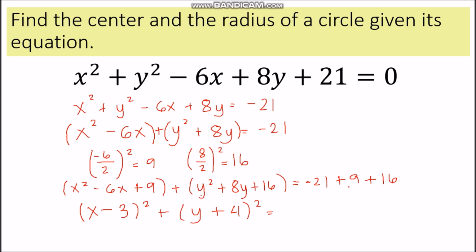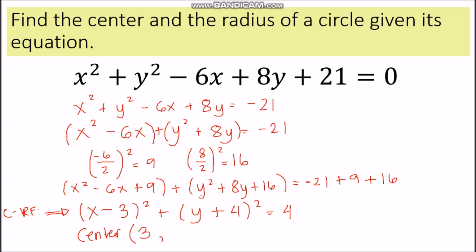Now on this side, all you have to do is simplify, so this will be equal to positive 4. If you notice, this equation is now in the center-radius form. So you can already see h, k, and also our r. Let's write the center now. For h, since this is negative, we just write positive 3.